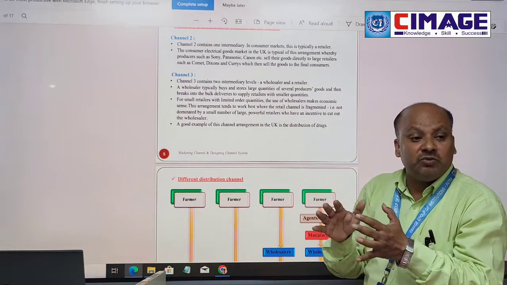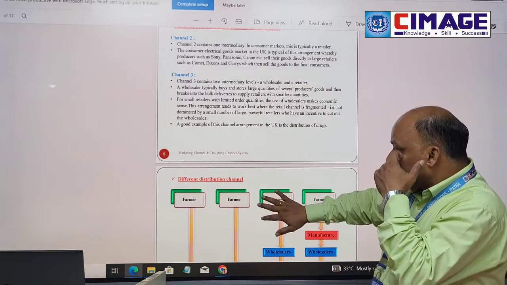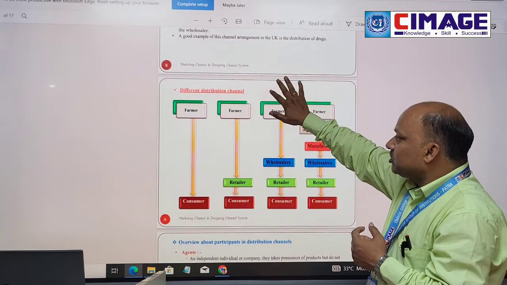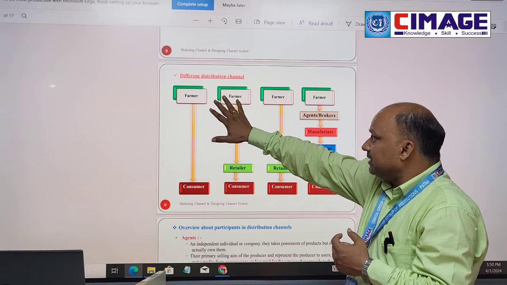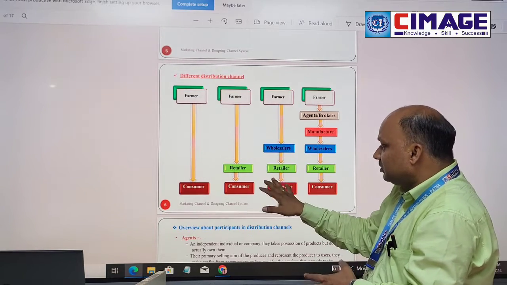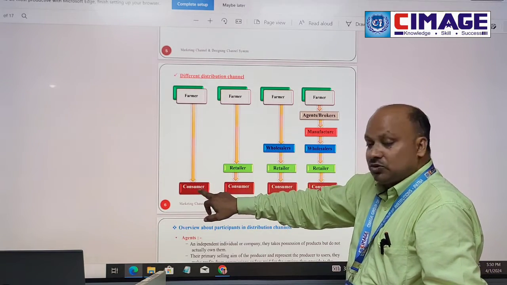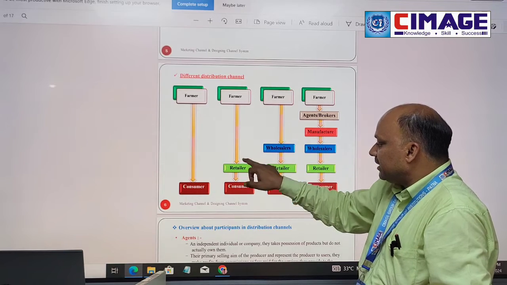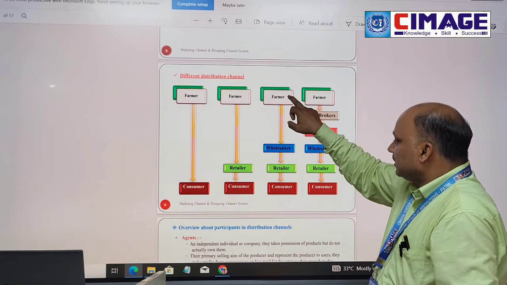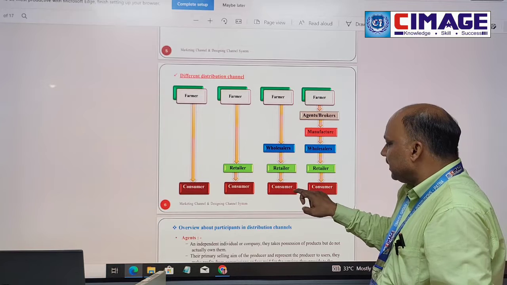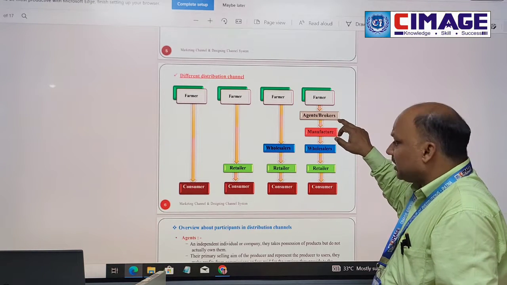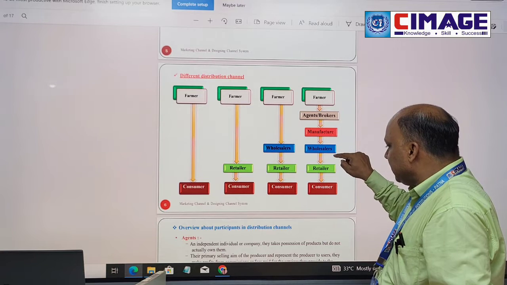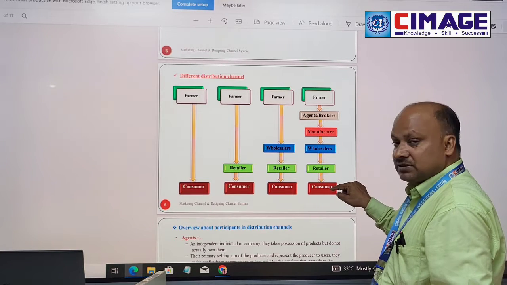Here are other different distribution channels and how they work: farmer to consumer; farmer, retailer, then consumer; farmer, wholesaler, retailer, then consumer; farmer, agent or broker, manufacturer, wholesaler, retailer, and then consumer.